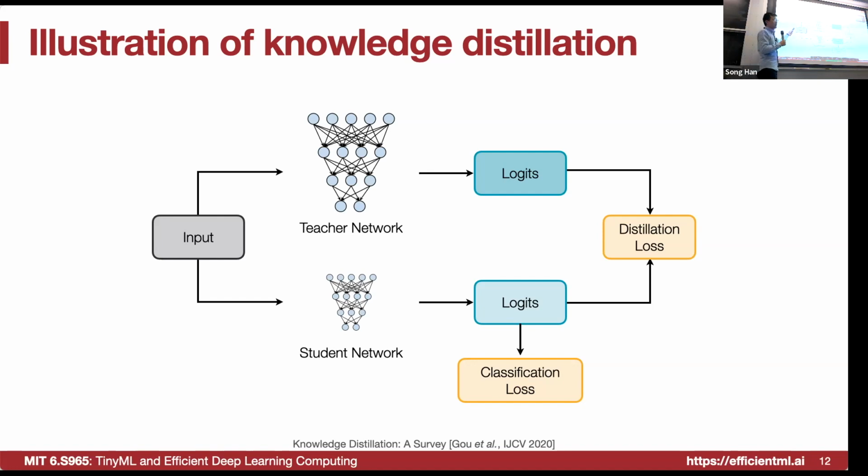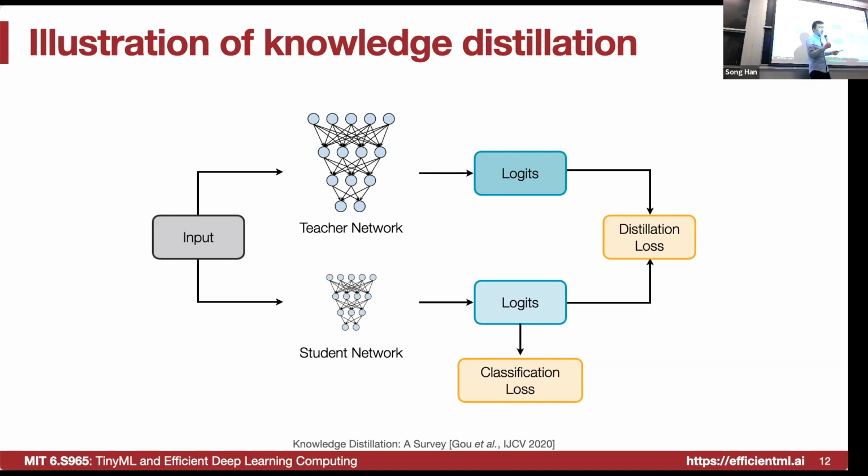So we have an input, it could be an image, it could be natural language, it could be speech. And then we pass it through both the teacher network and also the student network. And then we get the prediction logits. For just training the neural network, we used to have this classification loss if we want to do image classification.